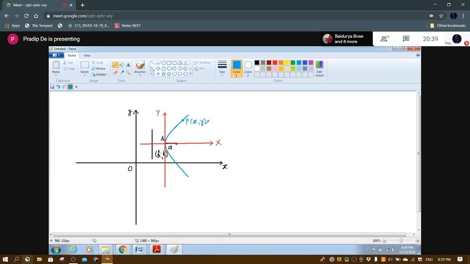And the new coordinates are capital X, capital Y. Same point, but new coordinates with respect to the new coordinate axis, capital X, capital Y. To understand the relation between small x, small y and capital X, capital Y, we drop two perpendiculars.